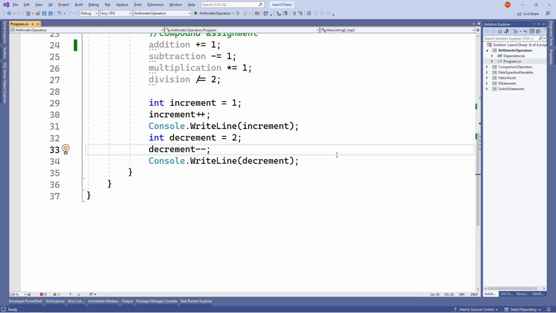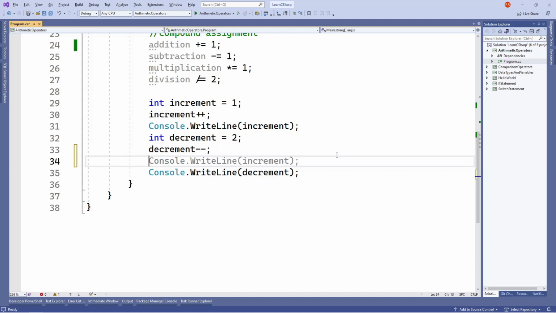Also, just to let you know that there are two types, or let's say variants, for these operators, the increment and decrement. You can use this as postfix, which is what we have right here as an example.